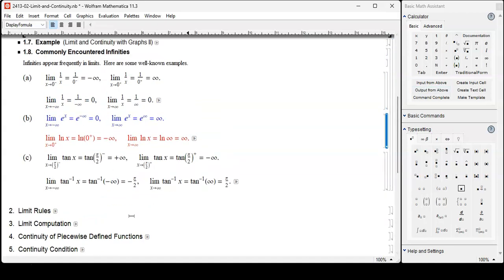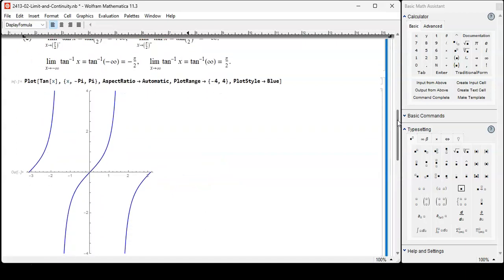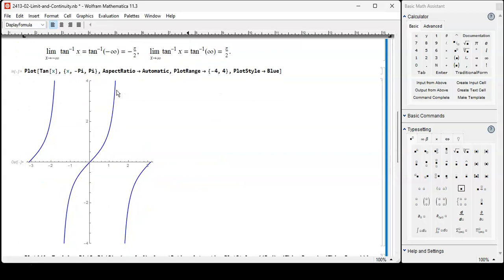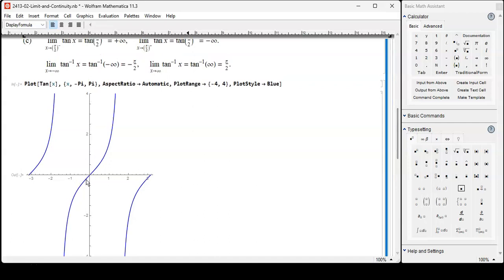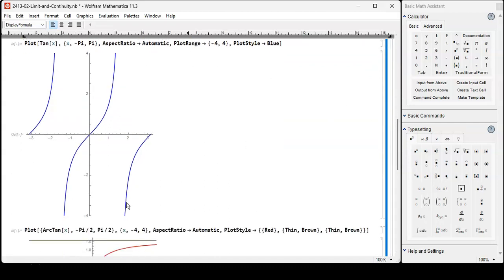And then some trigonometric functions. Tangent of pi over 2, yeah, okay, here's a graph of the tangent function. At pi over 2, we have a splitting. So from the left, pi over 2 negative, that's positive infinity. Pi over 2 positive is negative infinity, excuse me.